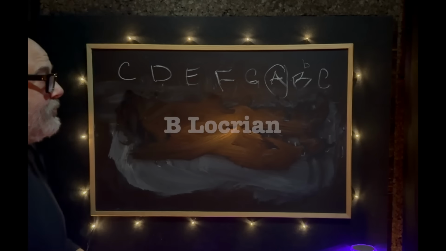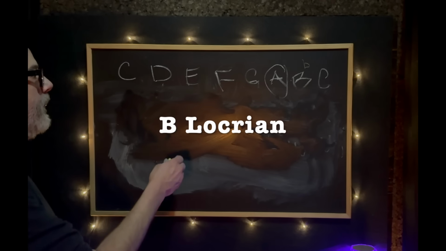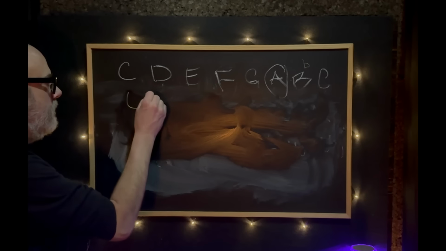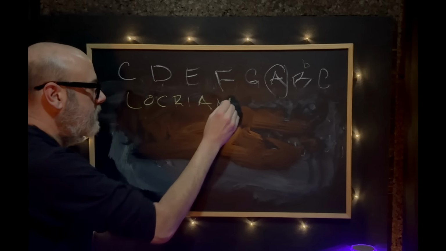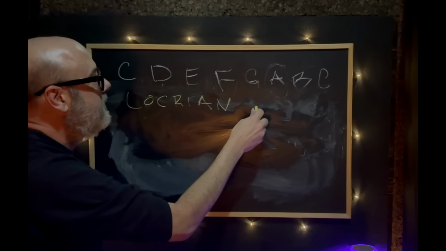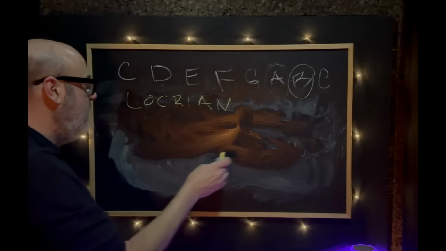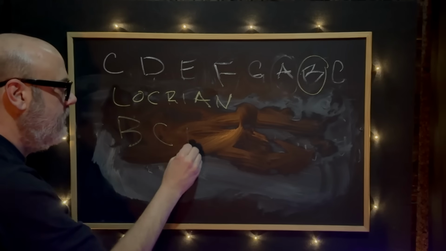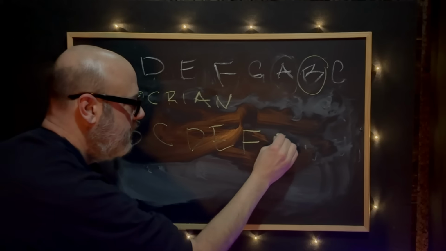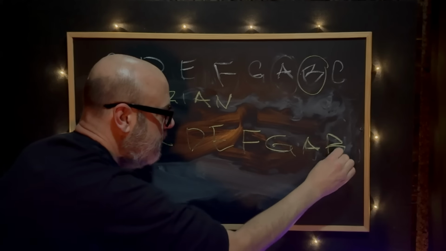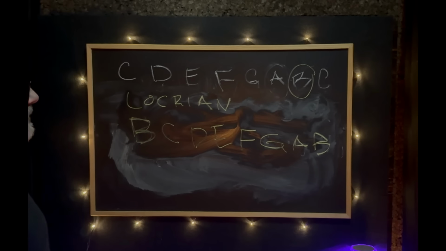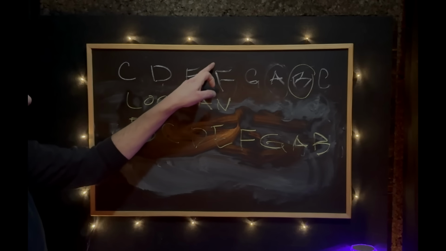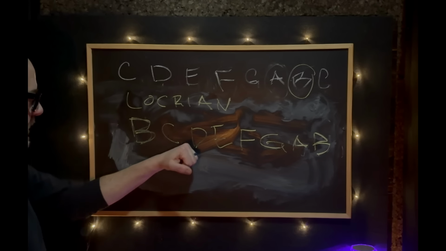And the last mode is the Locrian. There you go. And begins on the B. Much like the Phrygian, starting off with a half step, so does the Locrian.